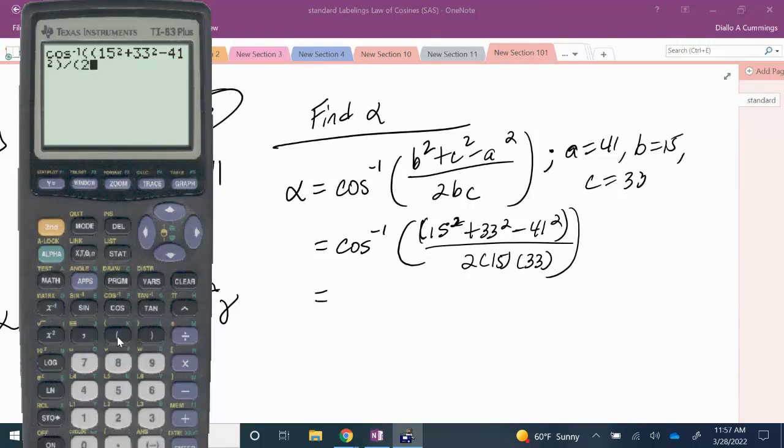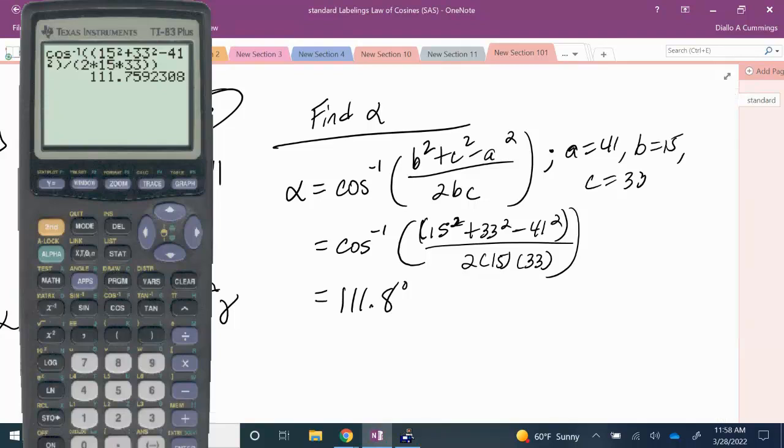And I'm going to put in 2 times 15 times 33. I'm going to close off the denominator, and close off my arc cosine function. And now I'm going to hit enter. All right, so we get 111.8 degrees.